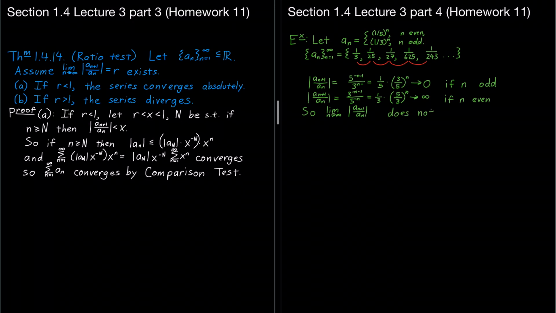So the ratio test doesn't tell us a thing about what to do with this series, or, well, the series you get by summing these a_n. But the nth root of a_n is 1/5 or 1/3.